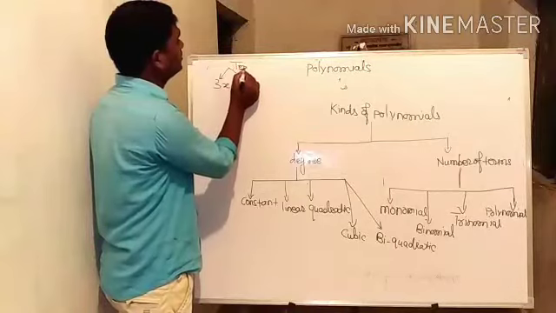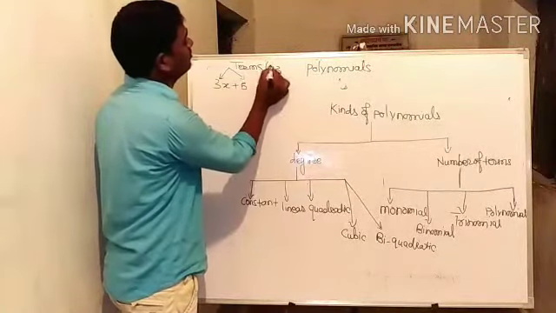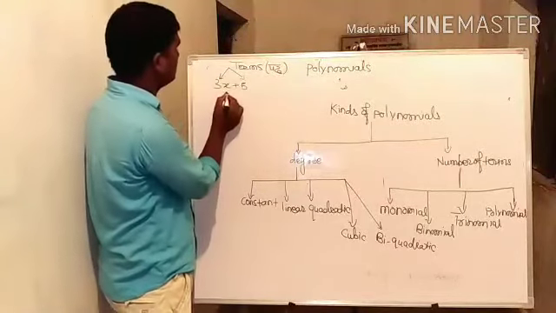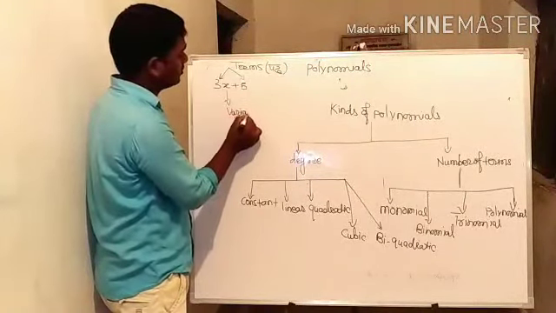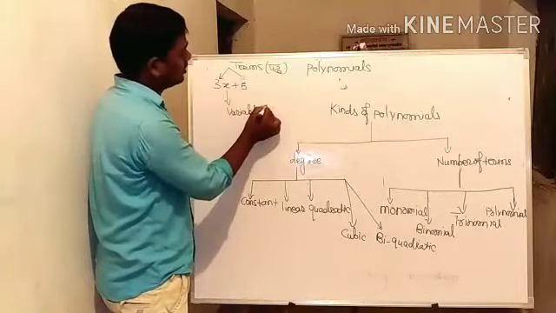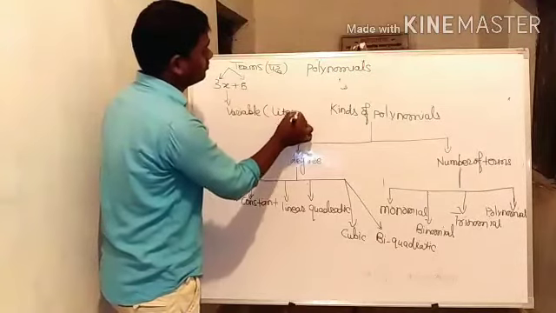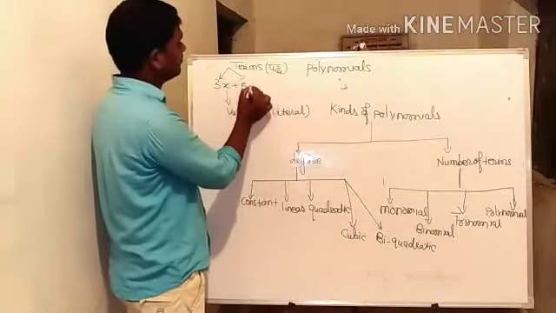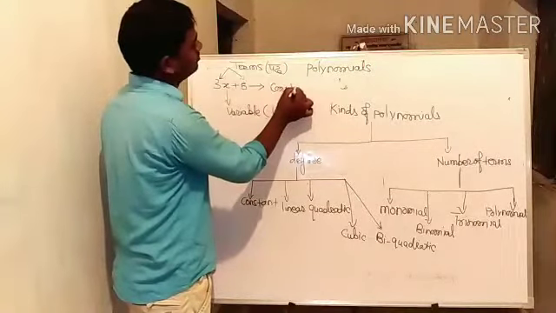Both are known as terms. And this x is the variable, and another name of the variable is literal. And this 5 is known as the constant.